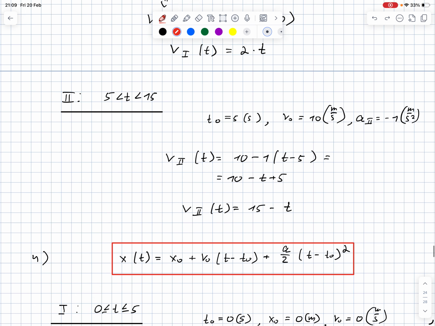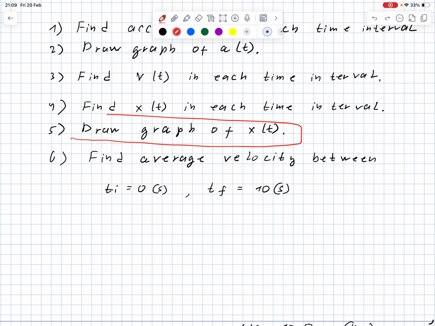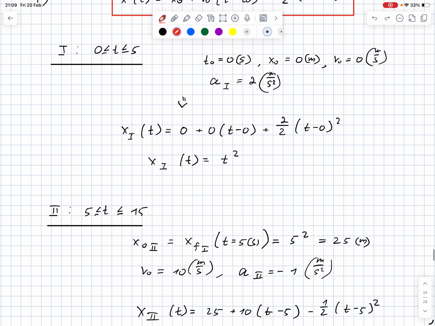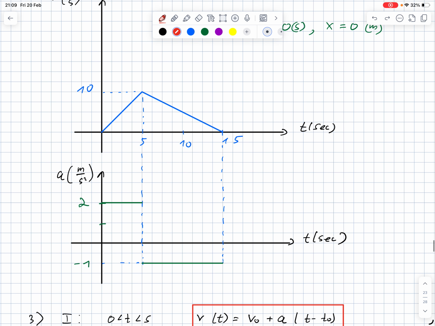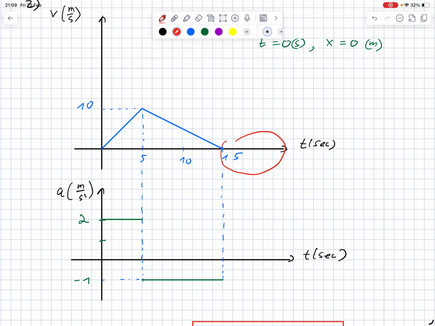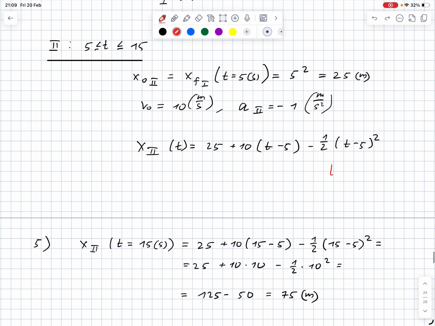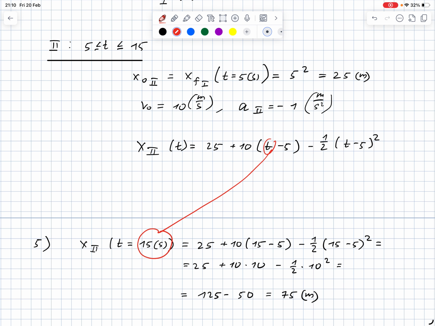Okay, the fifth part, we need to draw the graph of f of x of t, but before that, I need to calculate the final position when t equals 15 seconds, because I don't know what is going on after t equals 15 seconds. So, to do so, we will use the expression for position of the second time interval, and we're going to substitute t with 15 seconds.